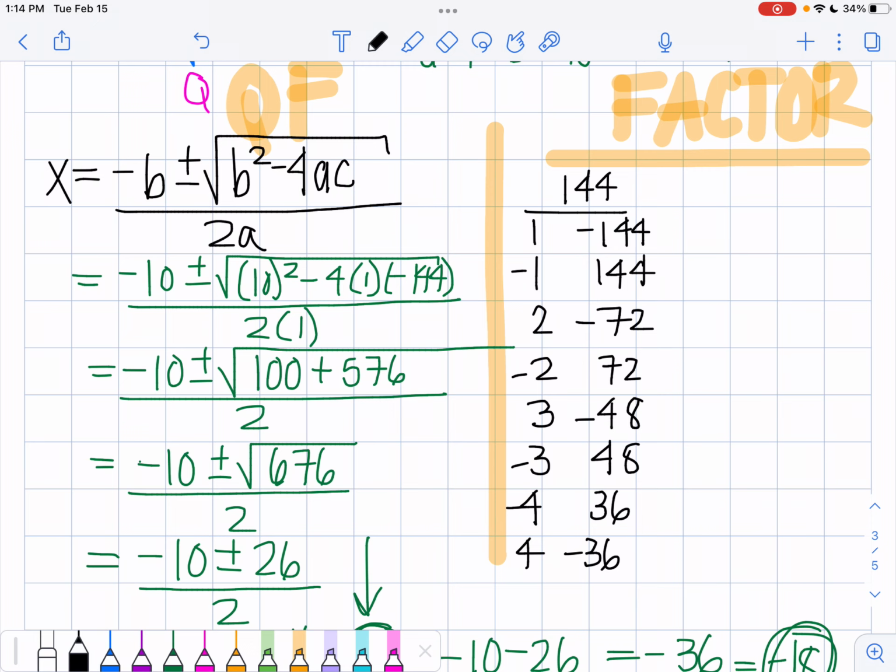It is divisible by 6, so I have 6 times 24, negative, negative. It's not divisible by 7. It is divisible by 8, so I have 8 and 18, negative, negative.